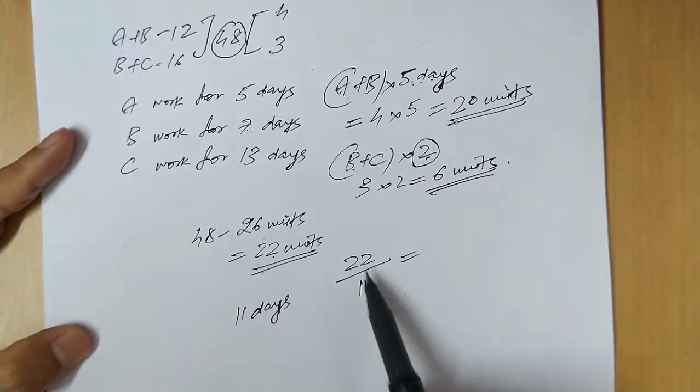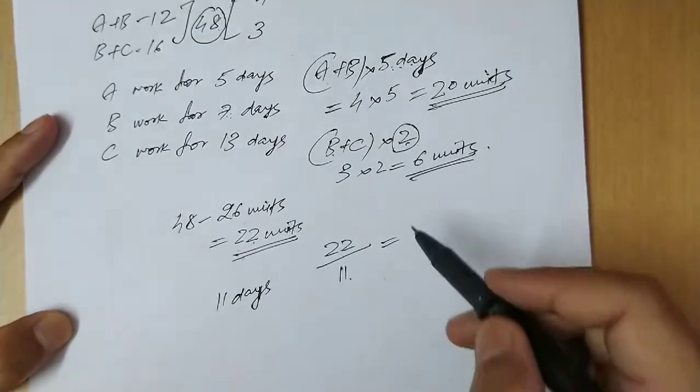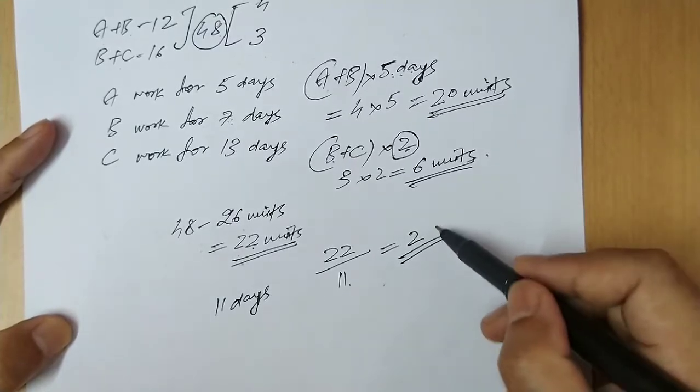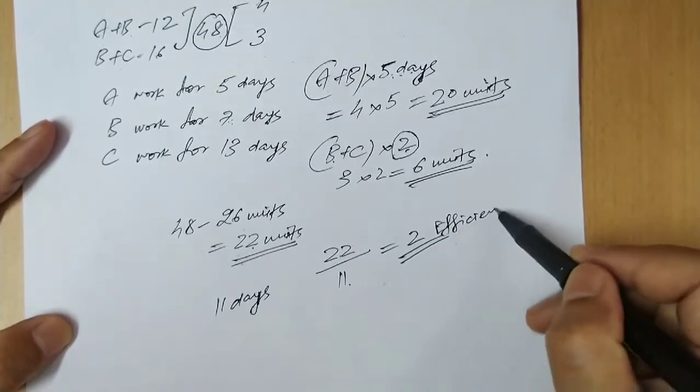So if we divide 22 by 11, we get 2, since 11 2s are 22. So 2 is the efficiency of C.